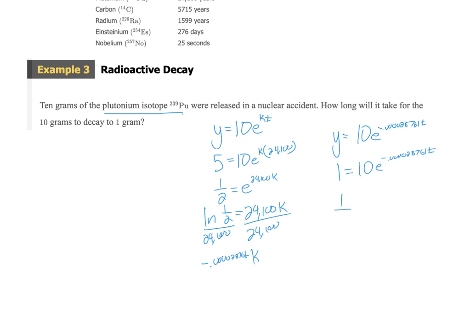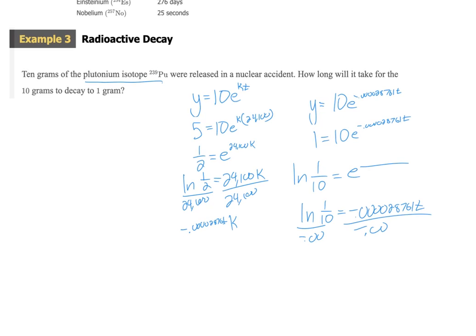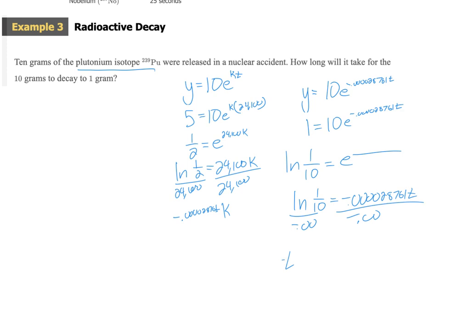So I'm going to divide by 10, and I get 1/10 equals e raised to that exponent. So I need to take the natural log of both sides. Natural log of 1/10 equals negative 0.000286761t. So I'm going to divide by the negative decimal. And we get approximately time equals 80,059 years.